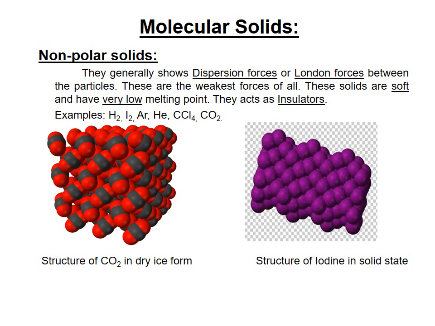These types of solids show some additional forces like dispersion forces or London forces, which are the weakest forces found in van der Waals attraction. Hence, these solids are known as nonpolar molecular solids.